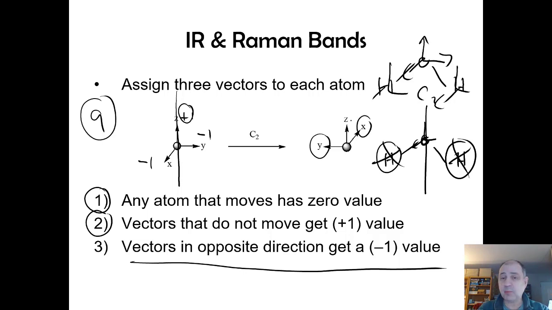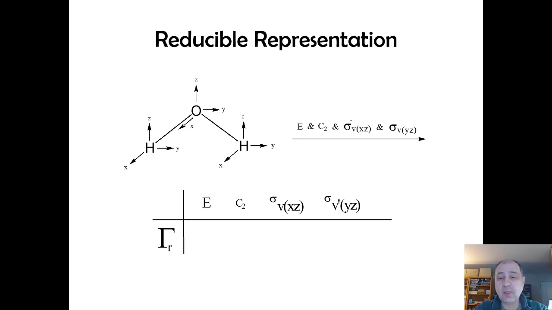Let's apply that to the water molecule. If I ask you to do that on a quiz or an exam, you will have access to the character table. First of all, if I give you water, you have to determine the point group, of course. It's the C2v point group. Then you write down all of the symmetry operations, which you obtain from the character table, and you assign a set of vectors to each atom.